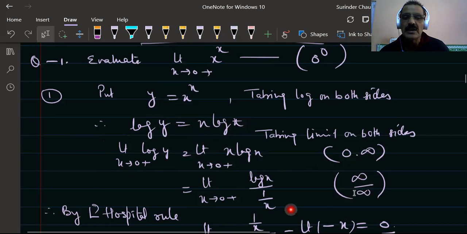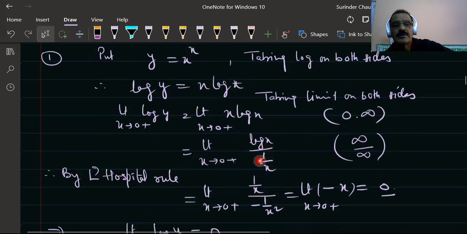If it is converted into 0 by 0 or infinity by infinity form, then we can apply L'Hospital rule to solve the limit. The log function you have to keep in the numerator always. So by the rule, the derivative of log x is 1 upon x, and the derivative of 1 upon x is minus 1 upon x squared. Now simplify again: it comes out to be minus x, with limit x to 0 from positive.